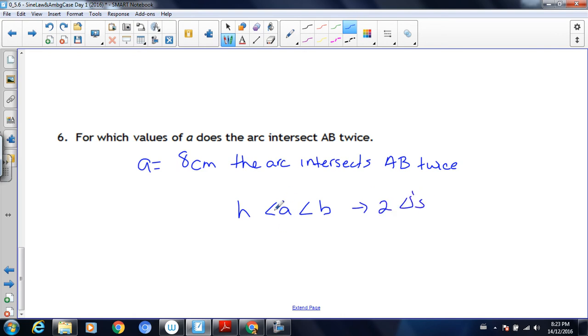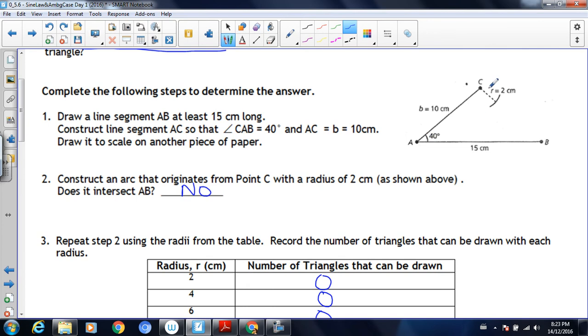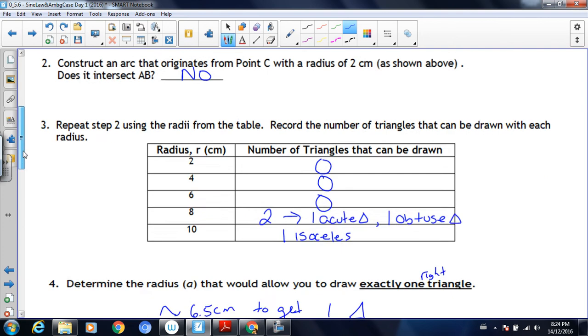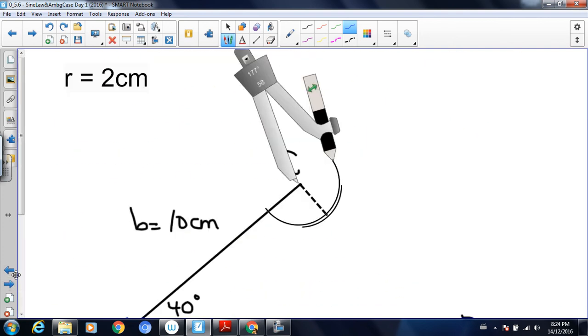Let's go back here. Side A was 8 centimeters. Let's go back to my triangle. If this side A is 8 centimeters, it's greater than my height, which we determined was roughly 6.5, or 6.4, so forth, whatever. Side A is greater than my height, but less than side B. That created two triangles. That's very important. This is something you need to remember, and I'm gonna explain why in a minute.